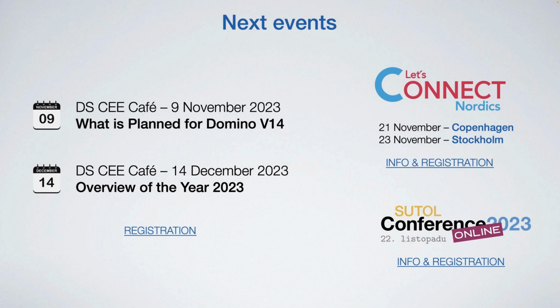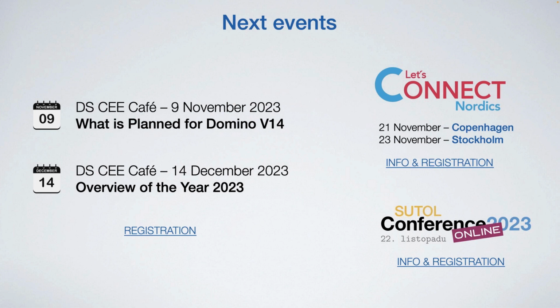In November, it will be what is new in version 14, what is planned for Domino and Notes version 14, because at the end of this year, we plan to release version 14. So what we know until now, we will present. And in December, we do, as every year, a summary of what was important in the past year and what we should expect in the upcoming year.